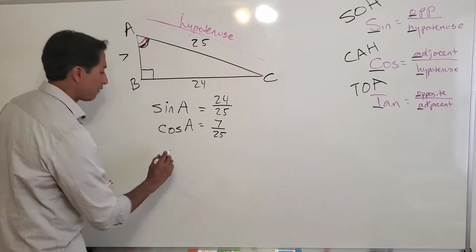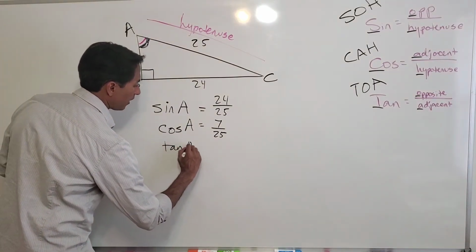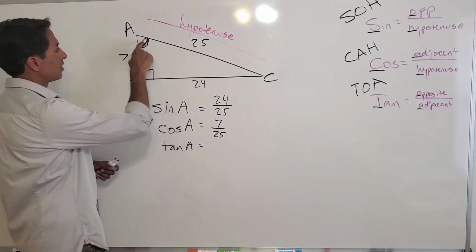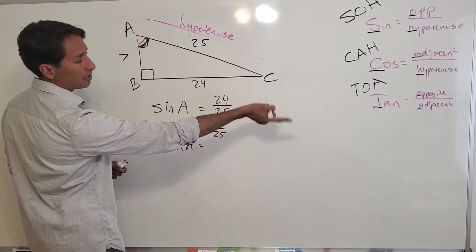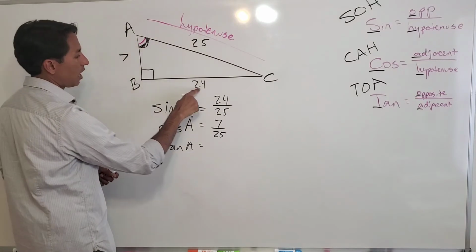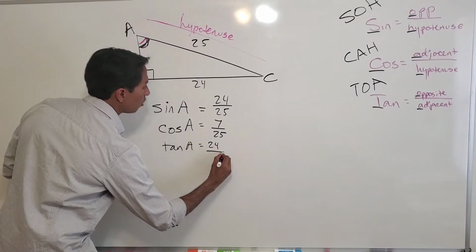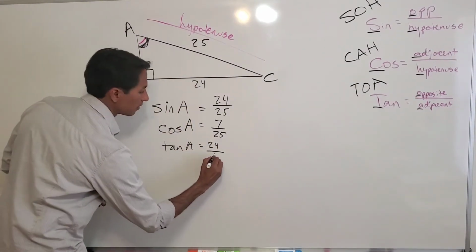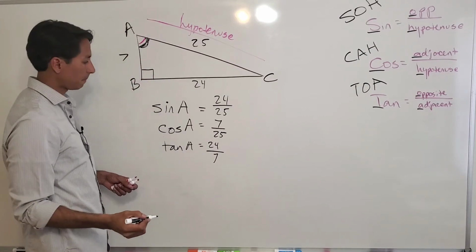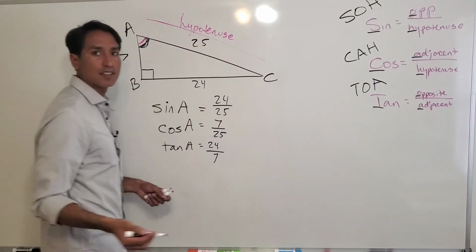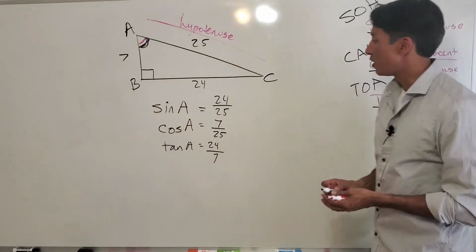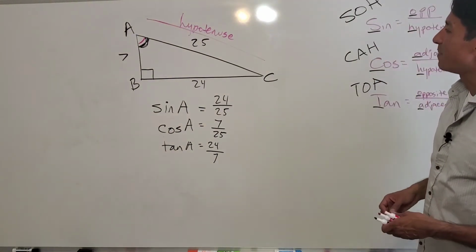And now we have the tangent of A, which is opposite over adjacent. Okay? And that's it. Circle your answer and you're done. Hopefully you're like, oh dude, that's not even bad.